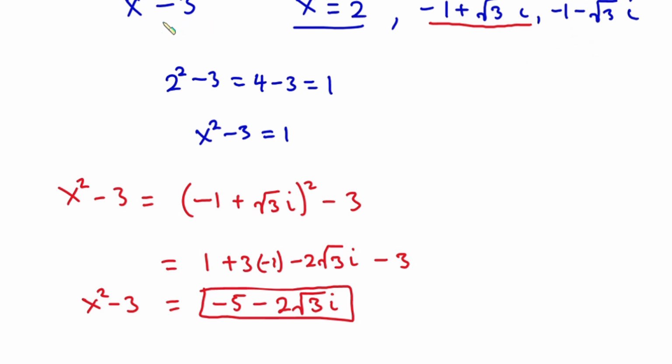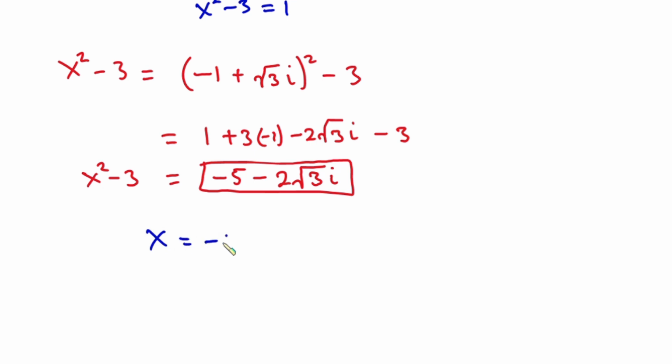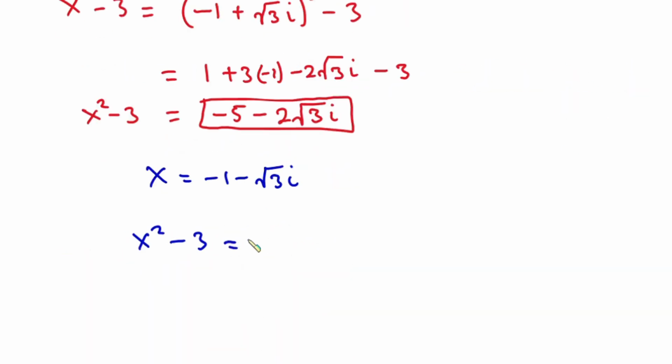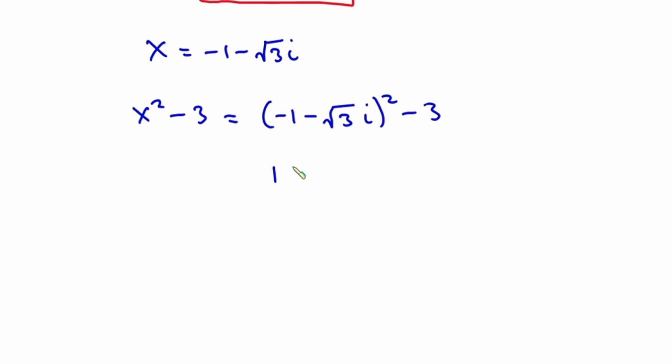Now let's find the value of x squared minus 3 when x is equal to negative 1 minus root 3i. So we have x squared minus 3 is equal to negative 1 minus square root of 3i, all squared, minus 3. If we expand this, we have 1 plus 3 times negative 1. Then we have negative 1 times this whole thing is positive, times 2, we have plus 2 square root of 3i, then minus 3.